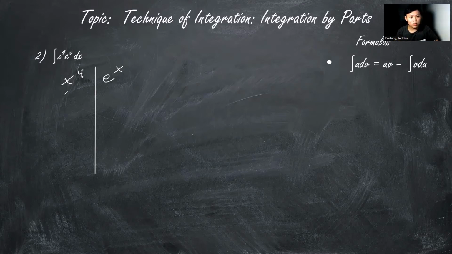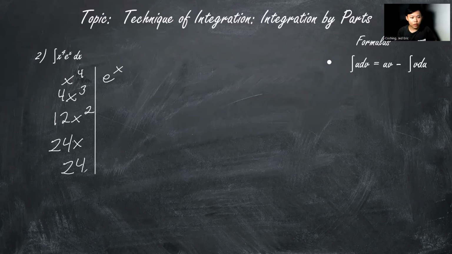So x^4 becomes 4x^3. Now it's going to be 12x^2, now 24x, and then it's going to be just 24. Just continue until you get a whole number and no more variables.